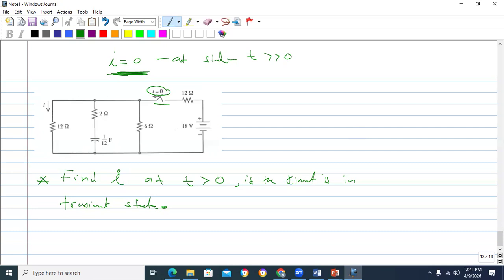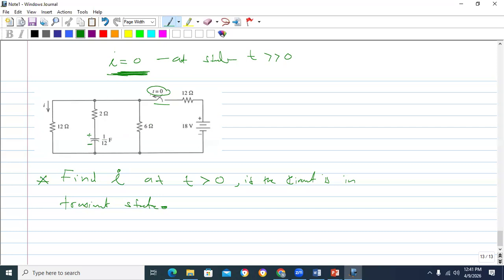In a practical way also you can assume it. You know the battery current is flowing in this direction, so definitely this side of the capacitor will be plus, this side will be minus.